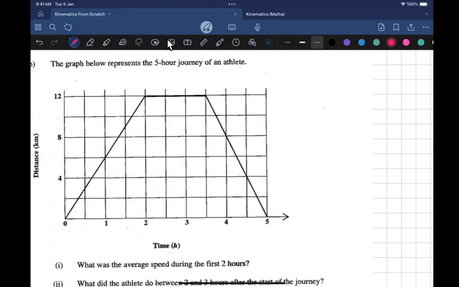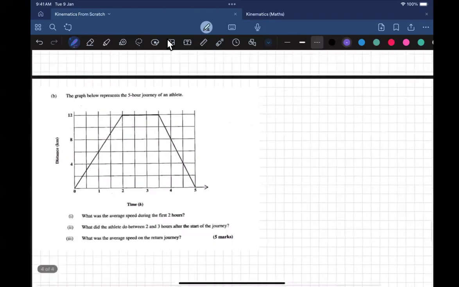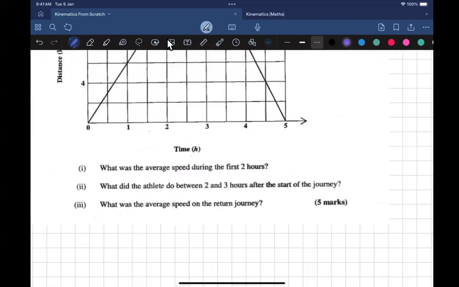So Haley, let's correct this really fast. We need to figure out the average speed for the first 2 hours, right? So the speed would be equal to the distance over the time.